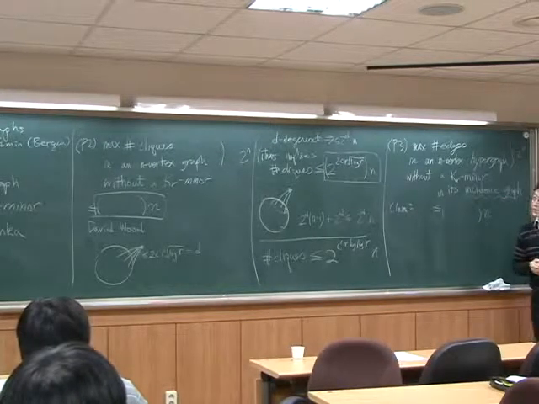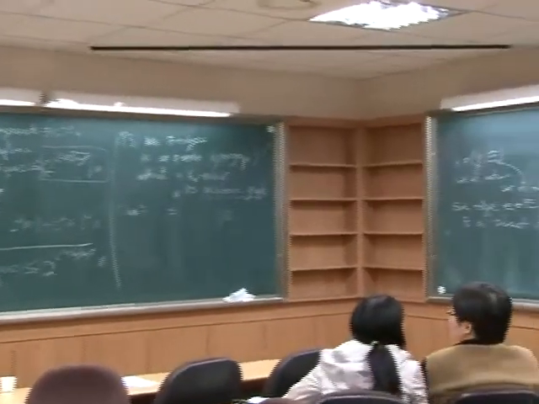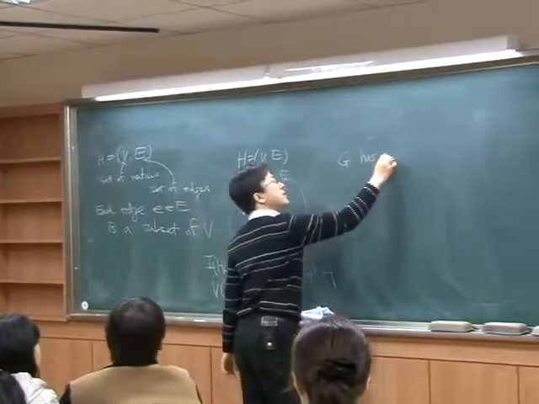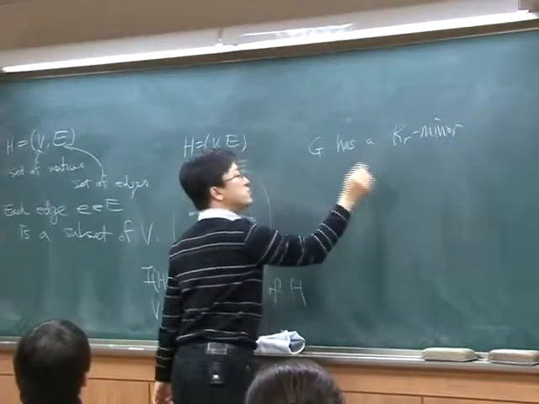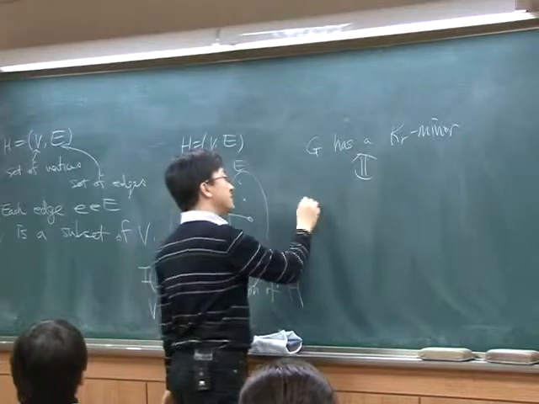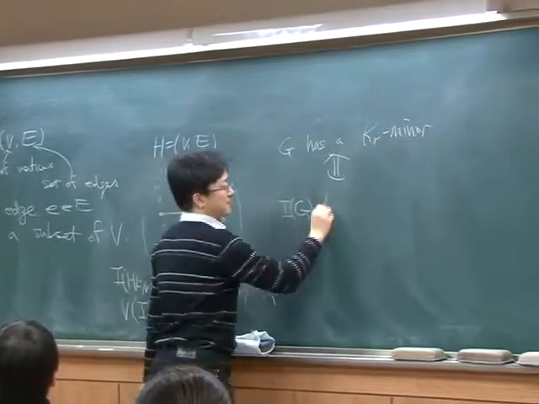That's because of the following. If the graph G, let's look at a graph as a hypergraph, then G has a K_R minor. We can prove that a graph has a K_R minor if and only if the incidence graph of the graph has a K_R minor.